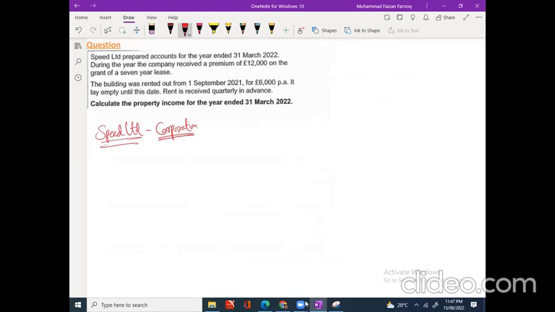Now, what we need to calculate? We need to calculate property income. This is not an individual. This is a company. It's not Mr. Speed, it's Speed Limited, right? So the format will be annual rent, but on which basis? Only accrual basis, because this is a company and we have a premium, so assessable premium.